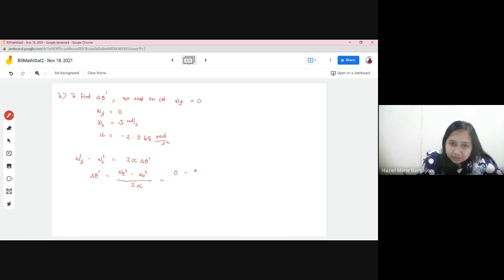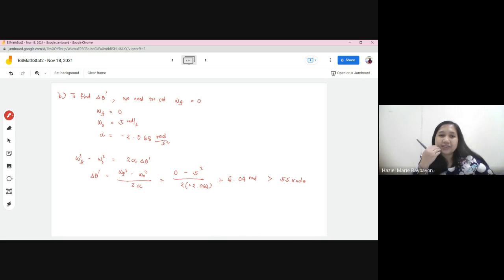And then this one is 5 squared divided by 2 multiplied by negative 2.068. So this is negative 25 divided by negative 4. So this is 6.04 radians, which is greater compared to the given delta theta.